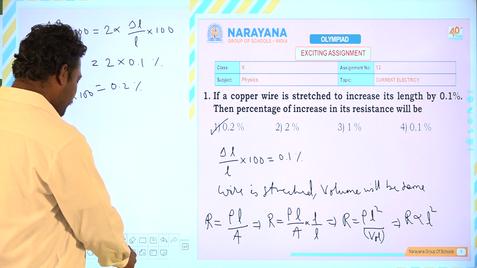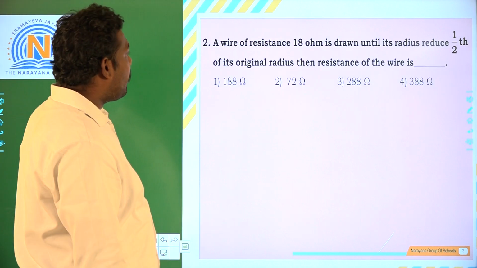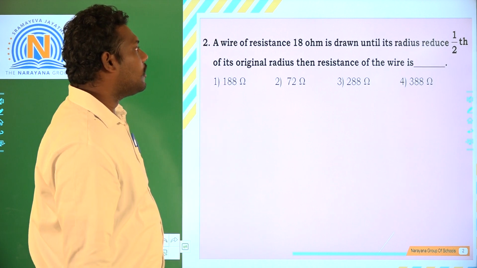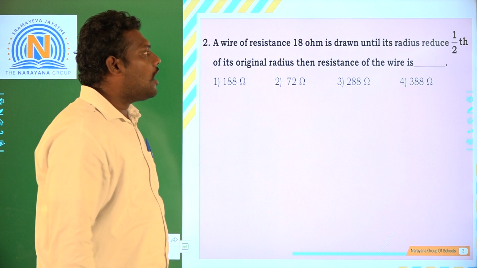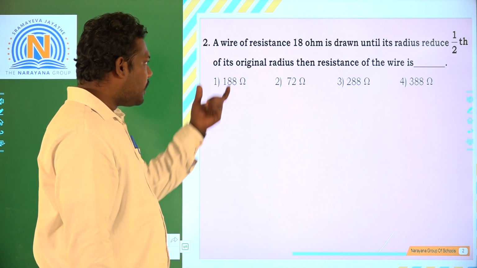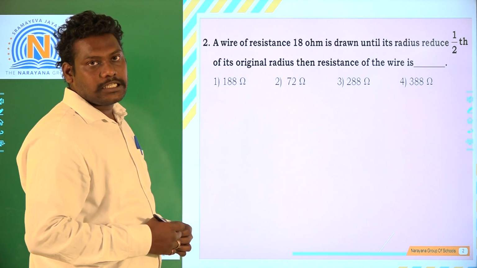Let us get into the second question. A wire of resistance 18 ohms is drawn, that means it is stretched, until its radius has become half of the original radius. Then find the resistance of the wire.